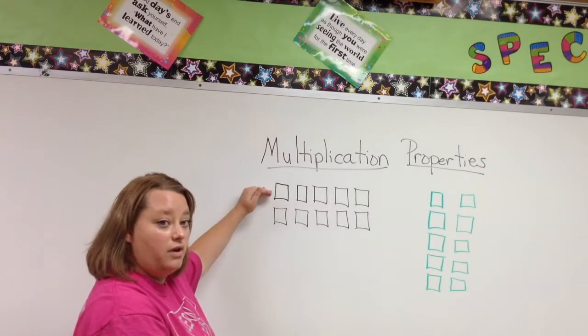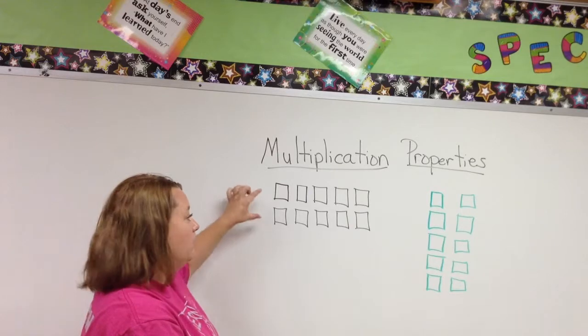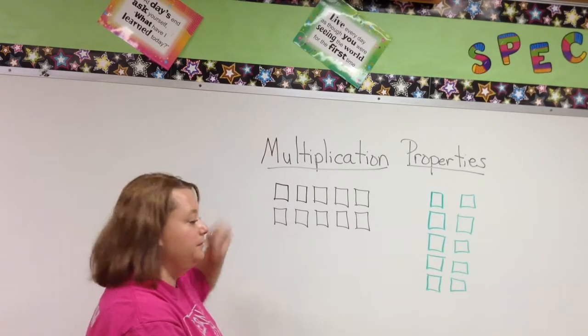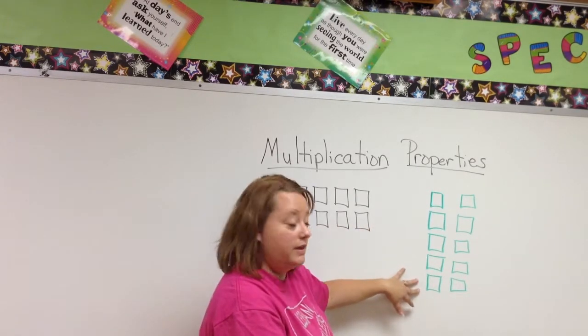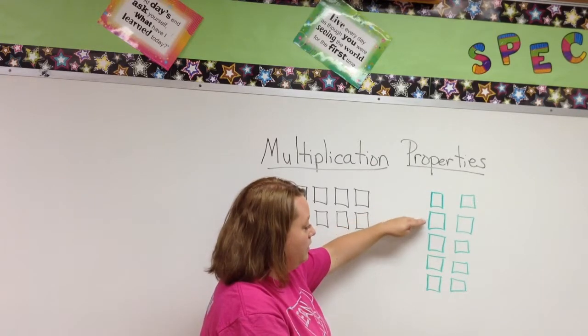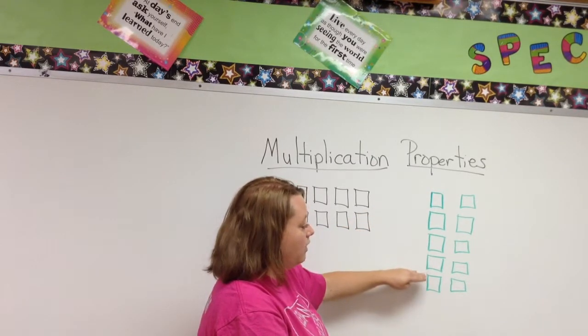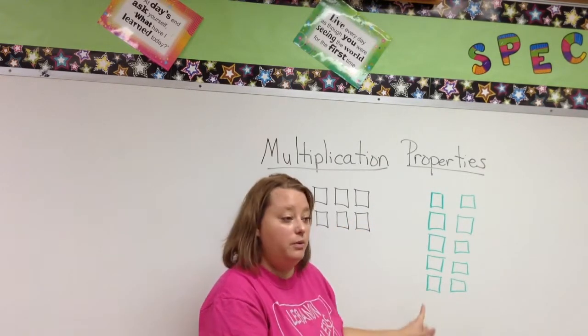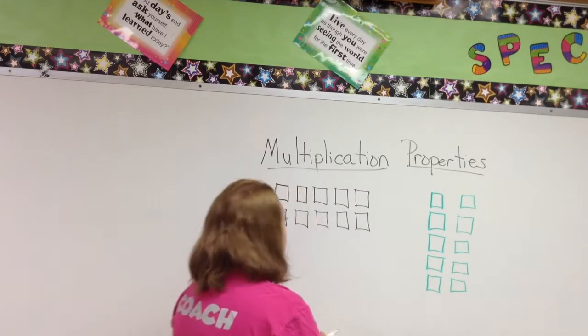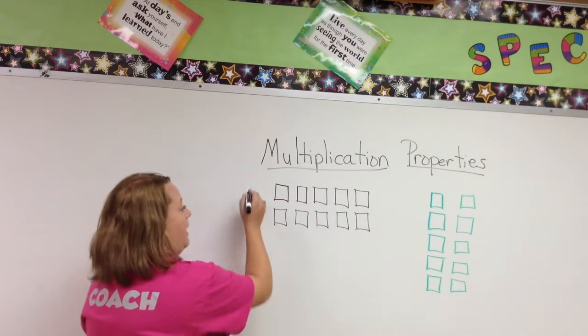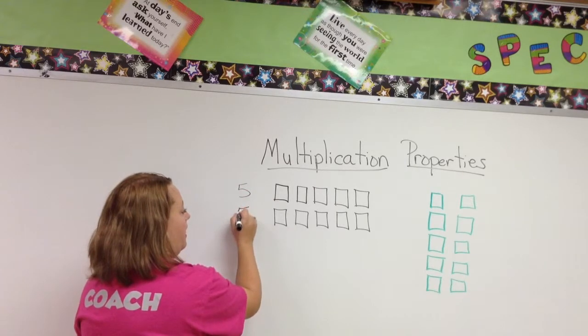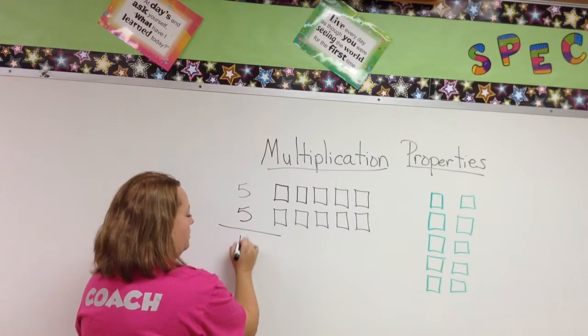There's 5 in this row and 5 in this row, 2 rows of 5. Or I could do it this way and I have 1, 2, 3, 4, 5 rows with 2 in each row. Either way, I have 5 and 5 in 2 rows, which equals 10.